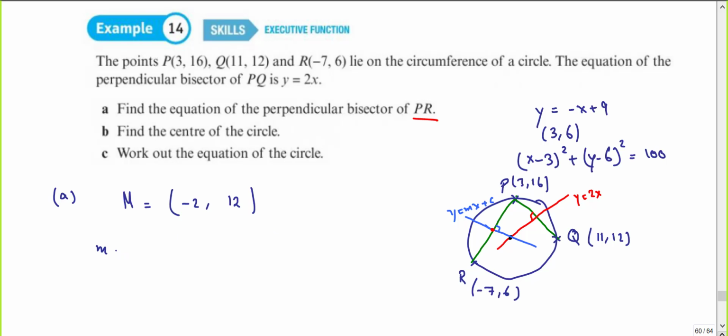How to find the gradient? y2 minus y1 over x2 minus x1. Can you tell me what's y2 and y1? What should I substitute?